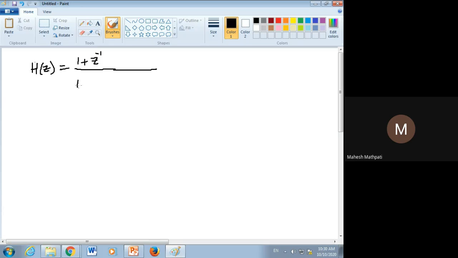H of z, tell me the equation of h of z, the transfer function. 1 plus z inverse divided by 1 minus 5 by 4 z inverse plus 3 by 4 z raised to minus 2 minus 1 by 8 z raised to minus 3. Okay?